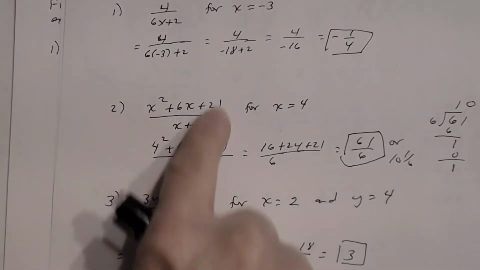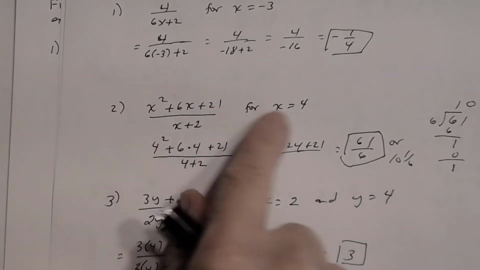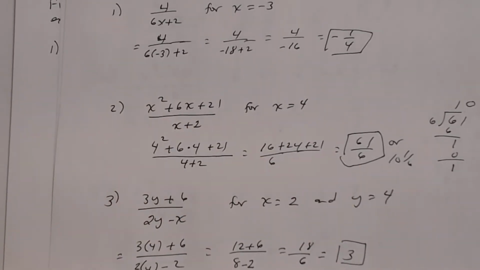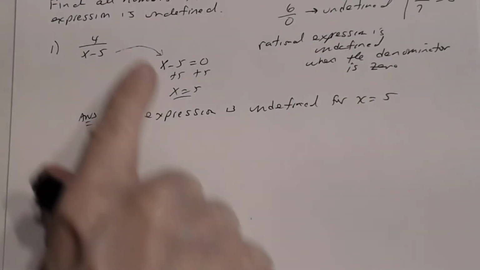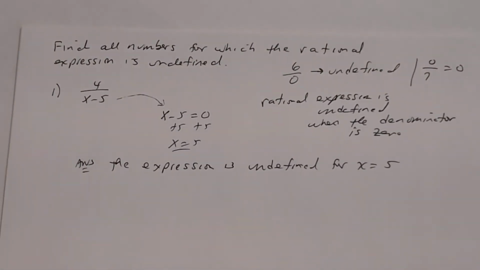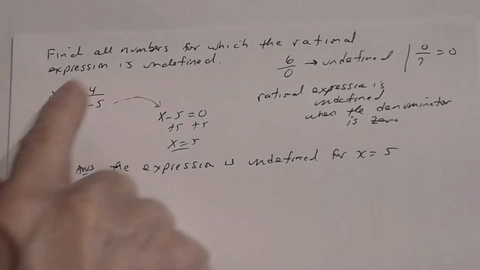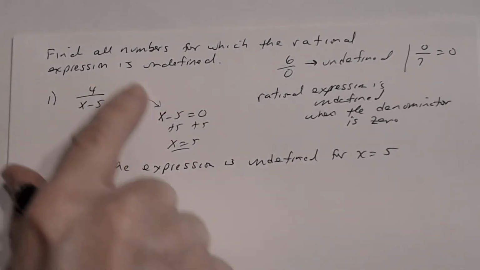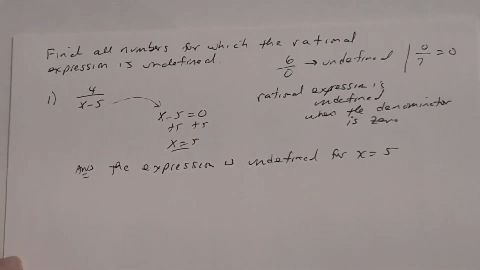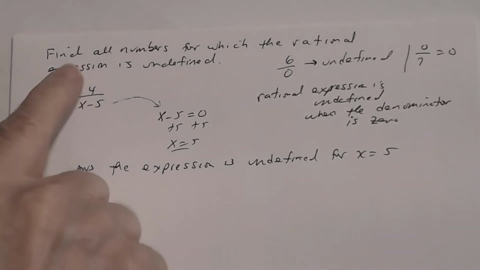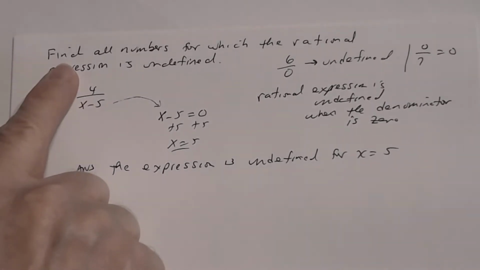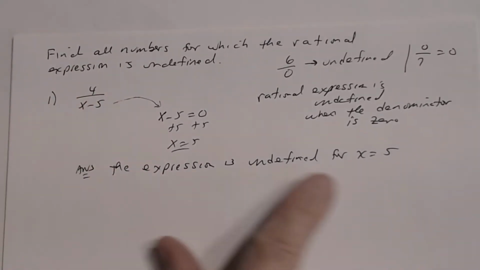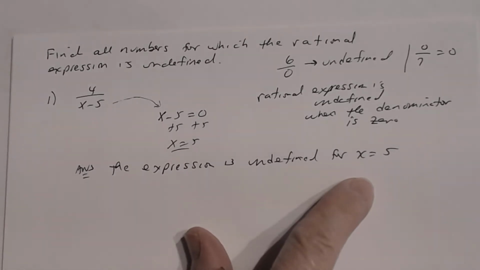Here, when I substitute 4, it's defined, and I got this real number. So what this is saying is that I can substitute any real number for x except 5, and it's going to be defined. Based on the directions, find all numbers for x for which the rational expression is undefined. The only number that makes this undefined is 5. Every other real number makes it defined.